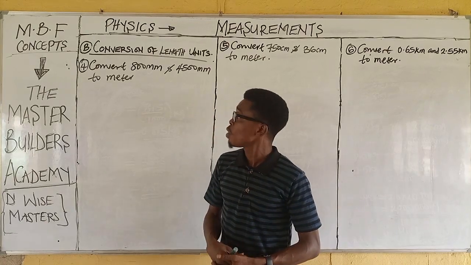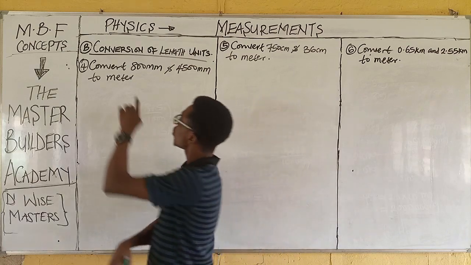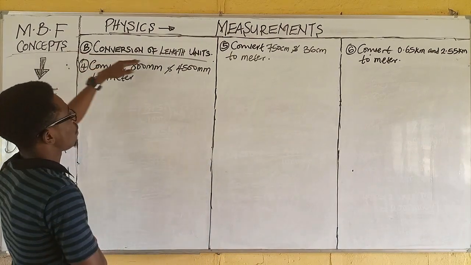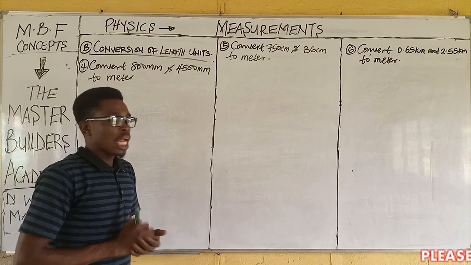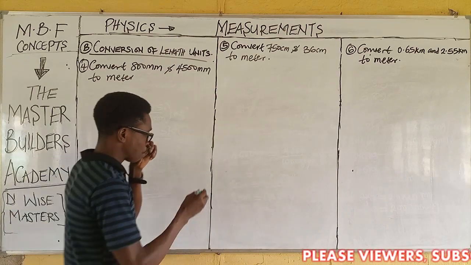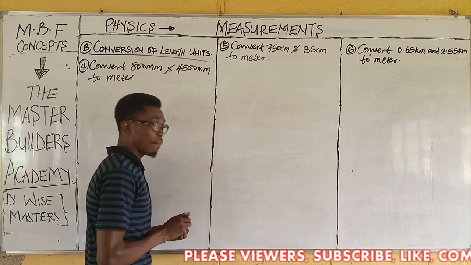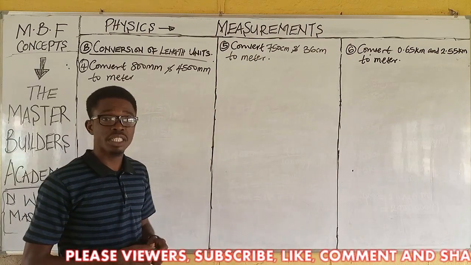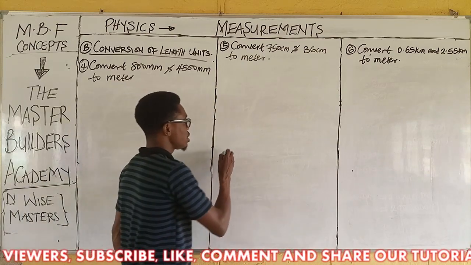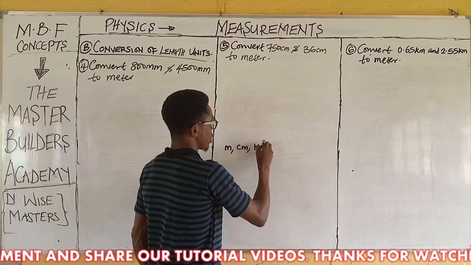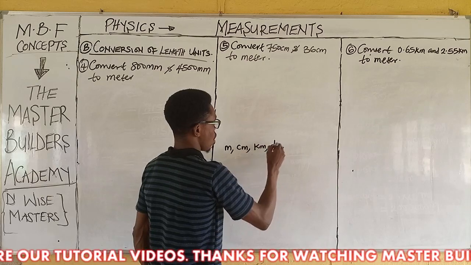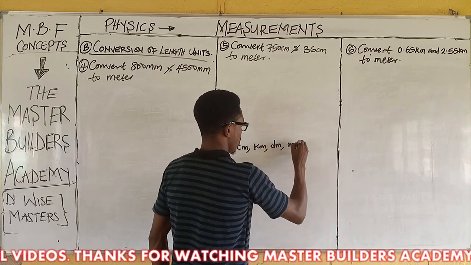Now on the board, we have conversion of length units. We know that length is a fundamental physical quantity that can be measured in meter, centimeter, kilometer, decimeter, or even millimeter.